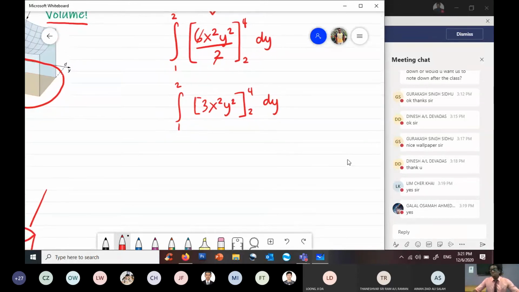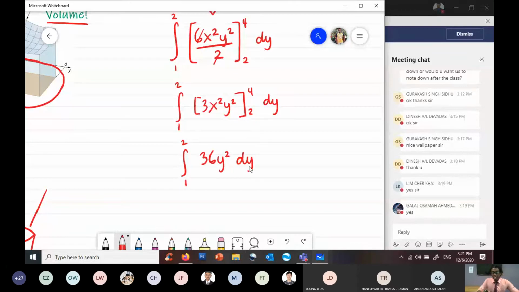Now the usual method, you put in your 4 inside x. Remember to put it inside x because you just integrated with respect to x. Don't put it inside y. If you do that, putting in 4 and 2 into x, eventually what you would get is 36y squared dy.